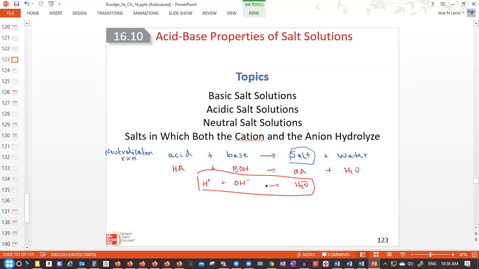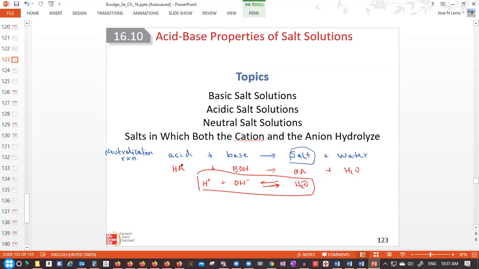That is an important question. And here we have an equilibrium. So again, this is the net ionic equation for a neutralization reaction, the acid-base reaction of acid and base. And that's true for any strong or weak acid and base.